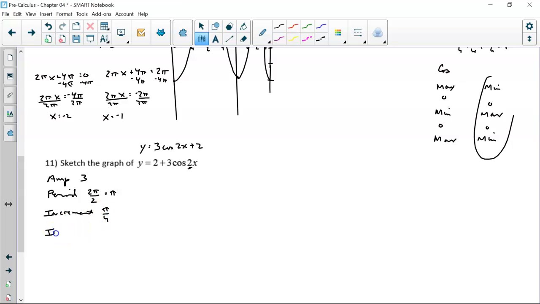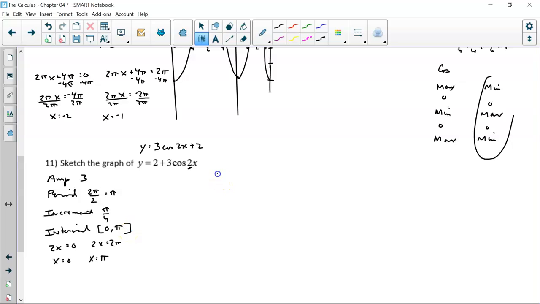And now for our interval. Set what's after the cosine, so 2x, equal to 0, and 2x equals 2 pi. So you get x equals 0, and dividing both sides by 2, you get x equals pi. That's our starting and end point for one period.